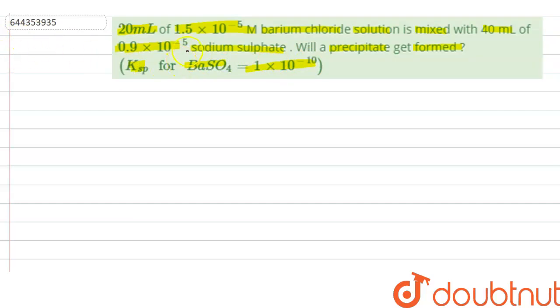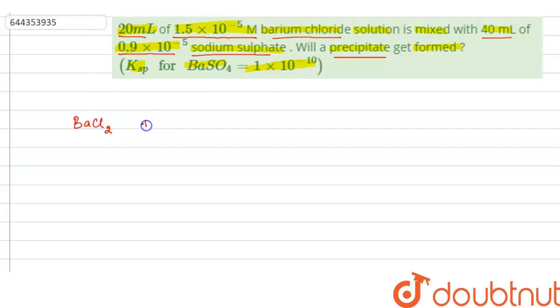So in this question, it is given that 20 ml of 1.5 into 10 raised to the power minus 5 molar barium chloride solution is mixed with 40 ml of 0.9 into 10 raised to the power minus 5 sodium sulfate. And we have to tell that when we mix these two solutions, will the precipitate be formed or not. Now what happens? We have barium chloride.